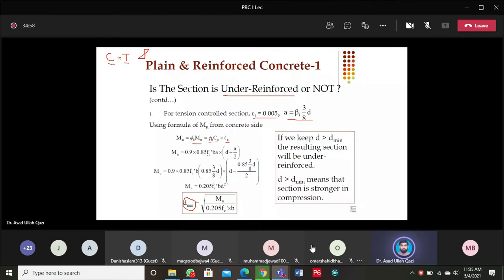And since we are looking for under reinforced tension control, I am putting 0.9.